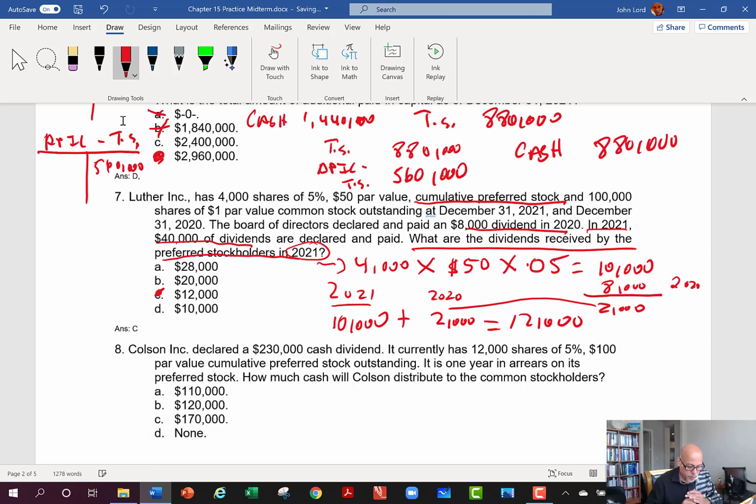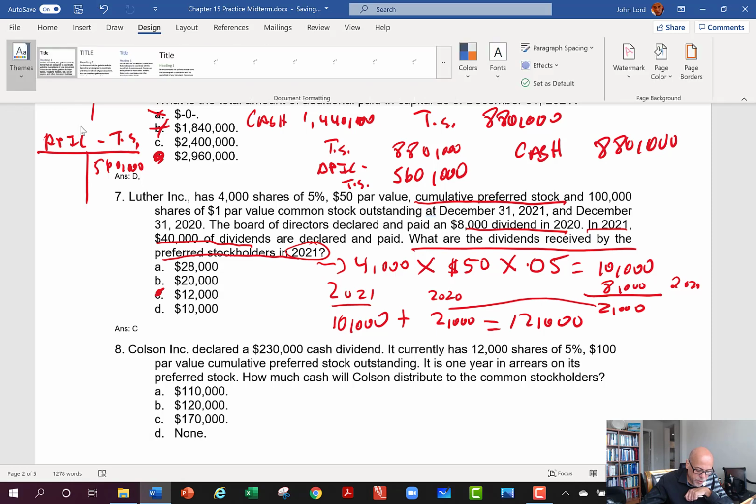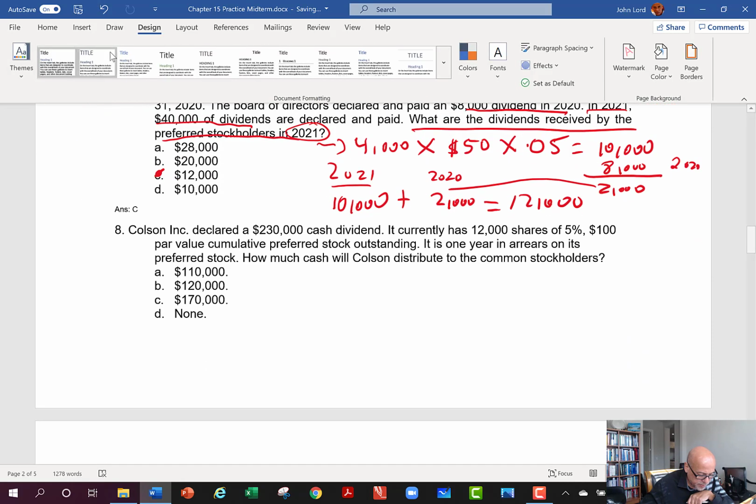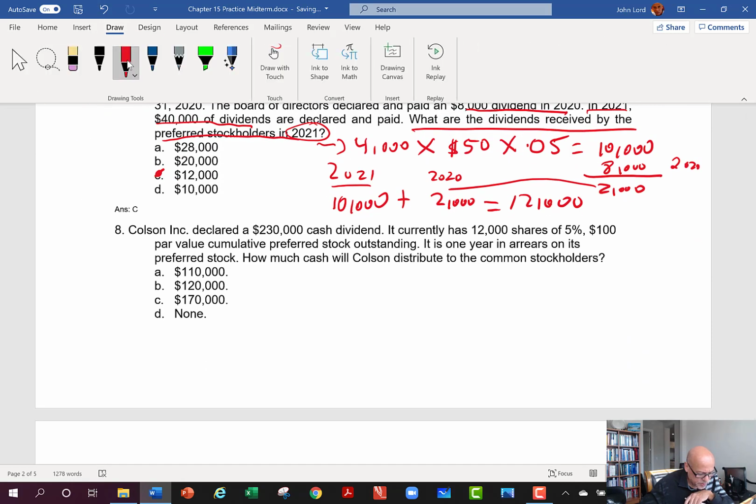Okay, good. Now again, with these questions, they're not conceptually that hard, but what makes them kind of hard is that you have to make sure you know what the question asked you. With this one, an easy mistake would be to calculate the amount that goes to the preferred shareholders when they want to know how much is left to go to the common shareholders.